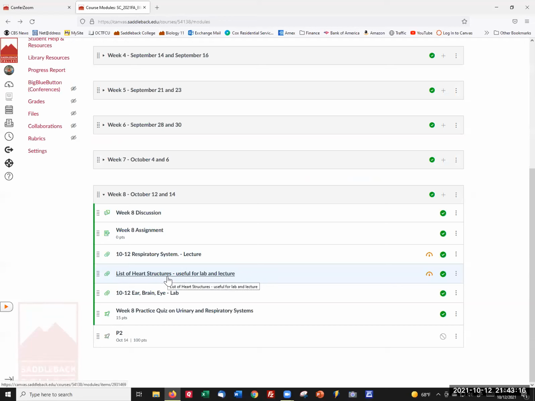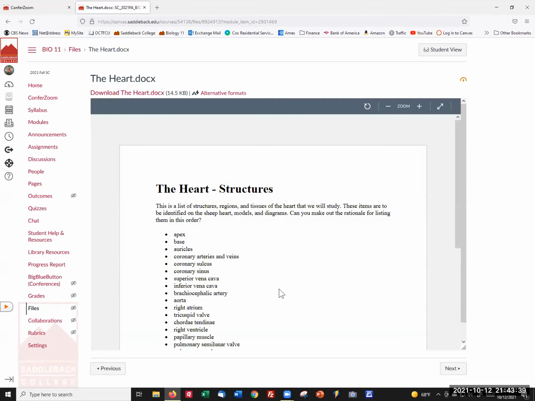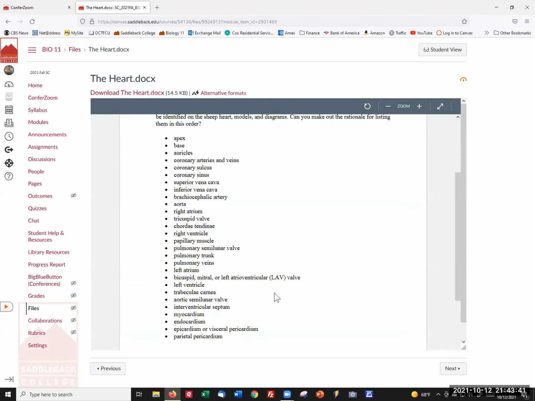Okay, there's a list for you, moving on to something different quickly, a list of heart structures. This is going to be useful for both lab and lecture. The heart will be covered in lecture, of course. The heart has to be covered in lab too. And here's a list of structures that you'll be responsible for.